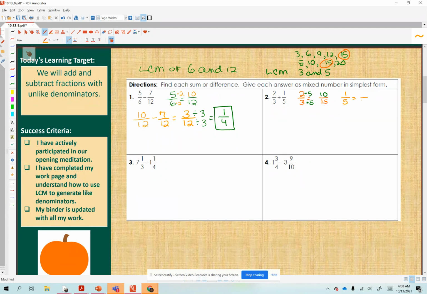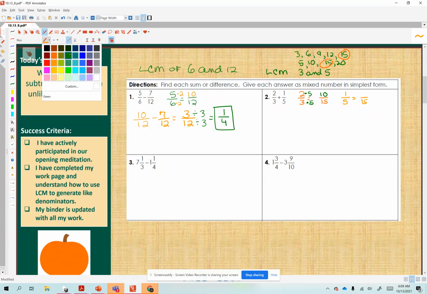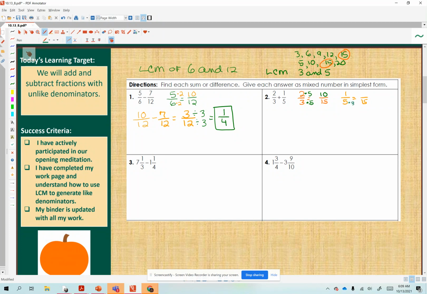So let's set that up. And again, we ask the same question. What do I do to get from 5 to 15? And what I do is I multiply by 3. So whatever I do to the denominator, I will do to the numerator. 1 times 3 is 3. So 2/3 and 10/15 are equivalent fractions. 1/5 and 3/15 are equivalent fractions.